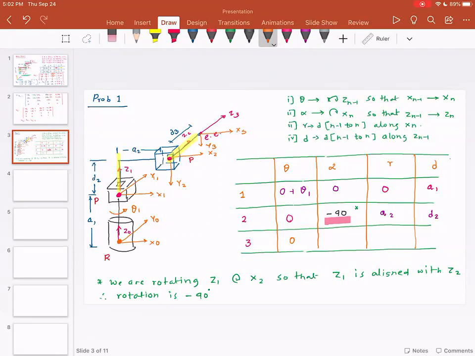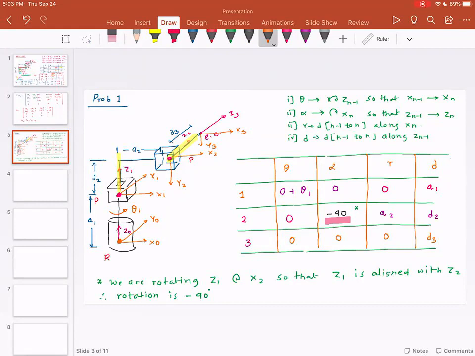Alpha is the rotation about x3 so that z2 gets aligned with z3. It's already aligned, so I have 0. R is the distance along x3 between frame 2 and frame 3, so this is going to be 0. And the last distance is the distance between two frames along zn-1, which is z2, and that distance is d3.